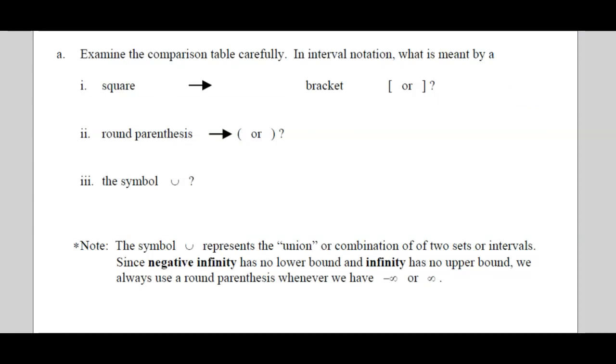So examine the comparison table carefully. In interval notation, what is meant by a square bracket? Okay. So square, yeah, so here, it's got a little typed out. Square bracket, this or this, it means it includes.